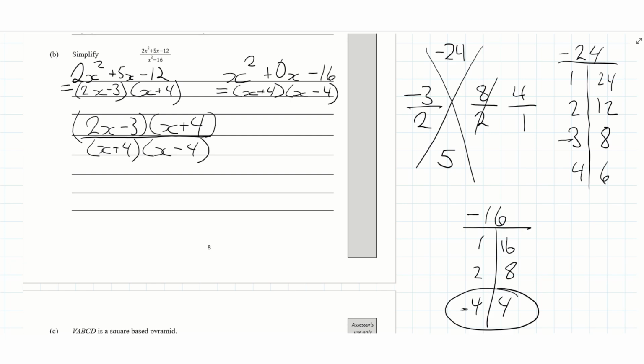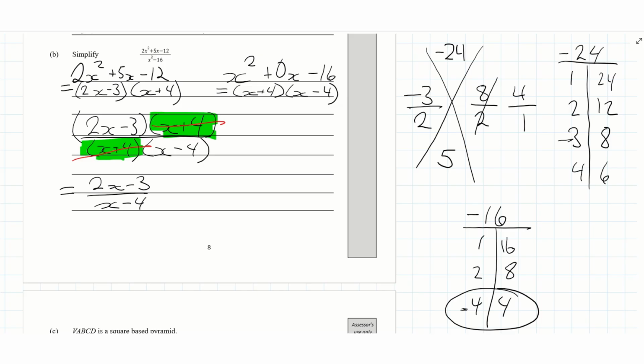On the top, I can see that x plus 4 is here and x plus 4 is here. So each of these cancels out. So I can simplify this whole thing to equal 2x minus 3 over x minus 4. Bish bash bosh, you have completed your problem.